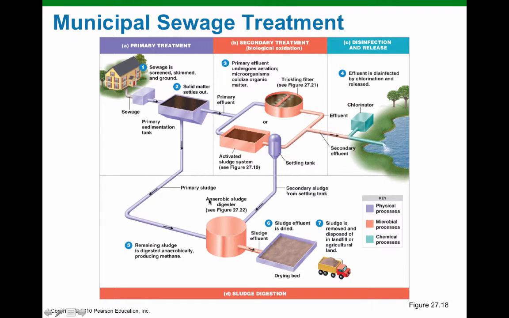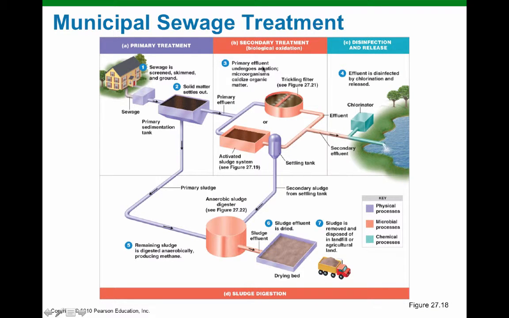And so this is the cartoon image of it. Sewage is sent to a sedimentation tank where the solids settle out and are sent to a landfill. The supernatant, or the liquid, is then sent to this activated sludge system and also a trickling filter.